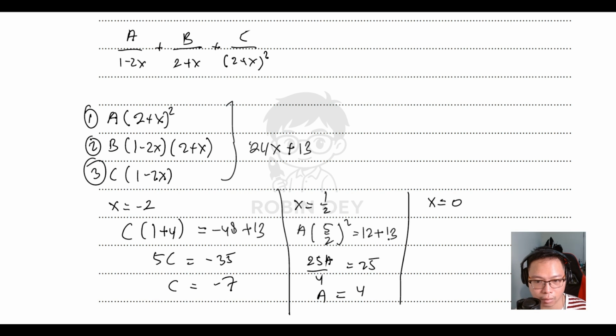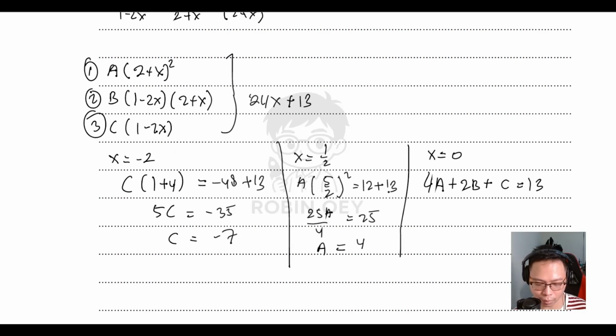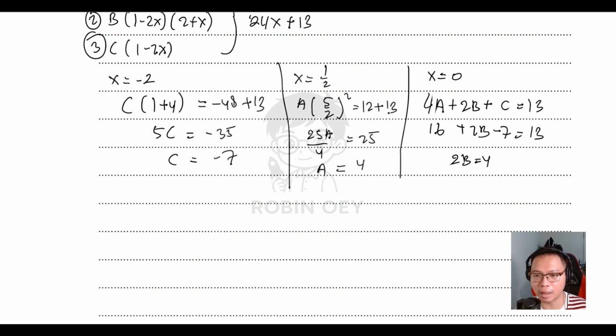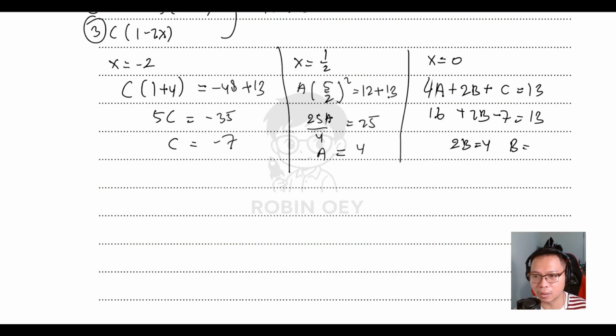So we have 4A plus 2B plus C equals 13. So 4A would be 16, plus 2B, minus 7, equals 13. So we have 2B equals 4, then B equals 2.